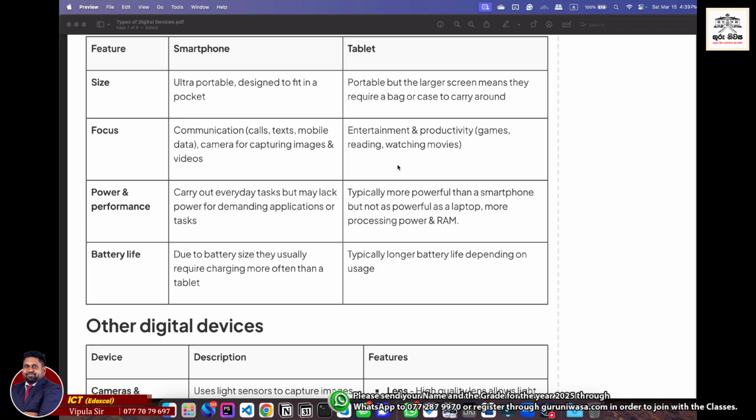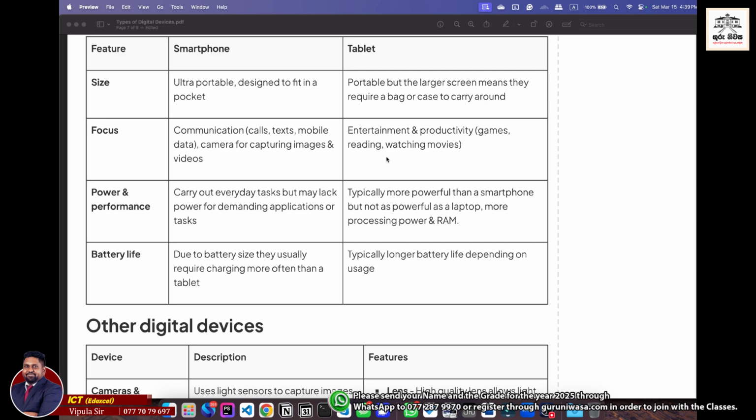Then that's the size. Then the focus. The smartphone is mainly for communication, camera, texting, messaging, calls, and so on and so forth. But the tablet is more focused towards productivity, right?